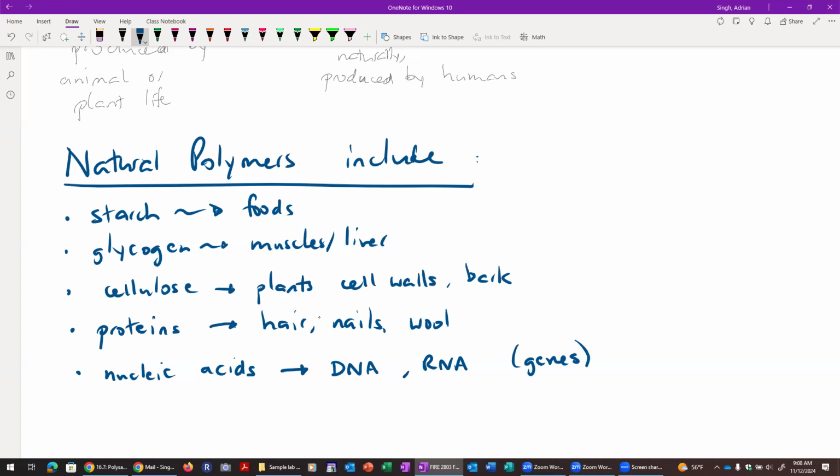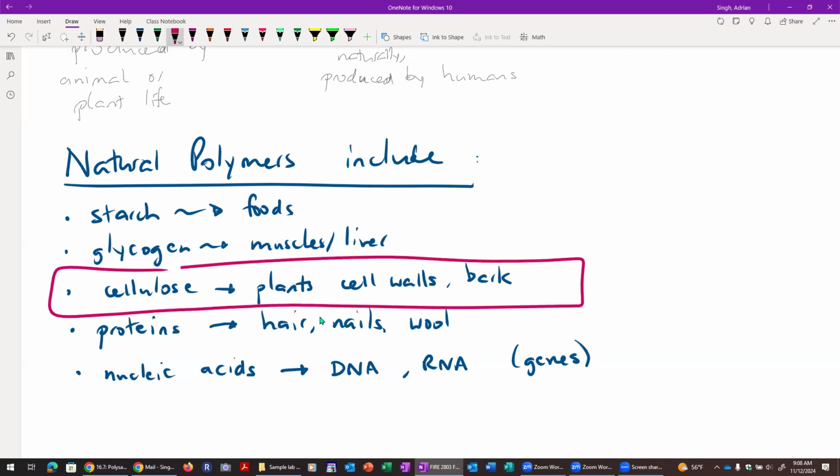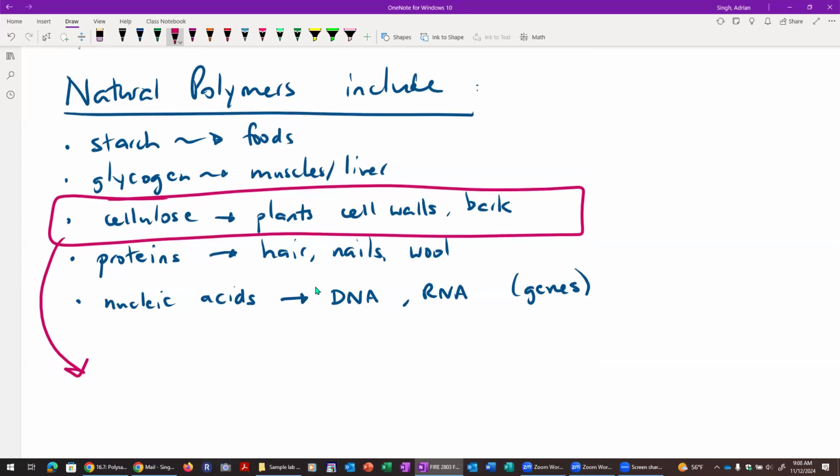The ones that we're going to focus on here are the ones that are based on cellulose. We refer to these polymers whose chemistry is based on cellulose as cellulosics.